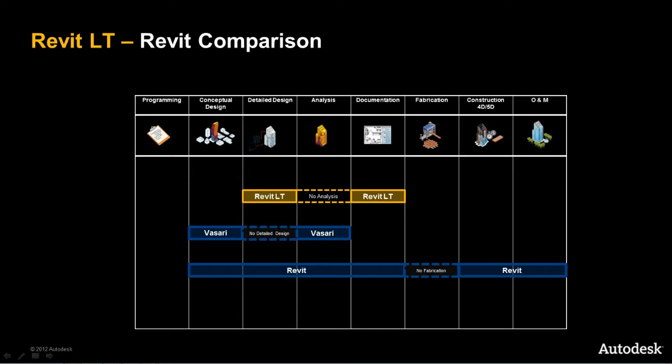If you're doing a lot of conceptual massing, early stage design, master planning, we don't have the conceptual design tools within Revit LT. So as you can see on that slide, I think it's very key that this tool is very much focused on your detailed design and documentation. So replacing, improving your workflows that you may currently be doing in traditional CAD.